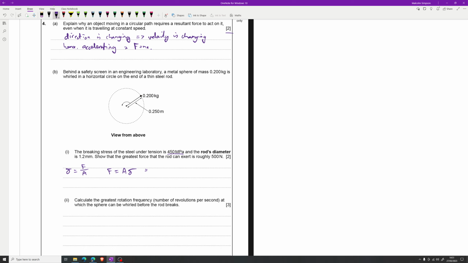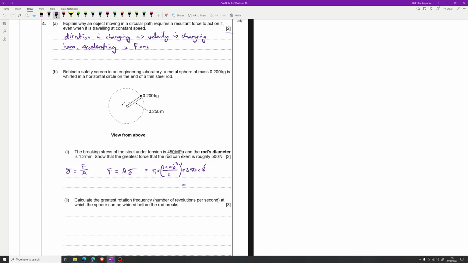So pi r squared, pi times 1.2, careful with the units as well here, millimeters squared, that's the area, multiplied by 450 times 10 to the 6, because it's megapascals. And again, even though this is a show that, we do need to come up with an exact answer for this to get our marks. So just be careful of that.